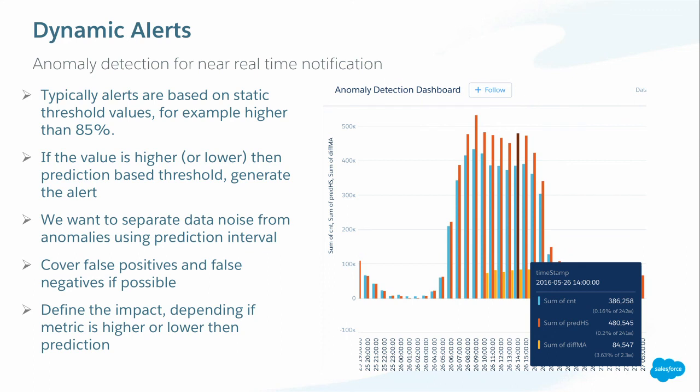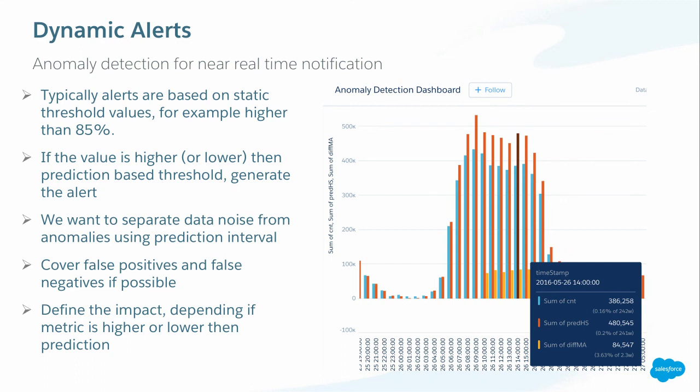Or if the number of search hits goes below some level, you can say, oh, there is no activity on the system. What is wrong? Is it a network problem or something else? So essentially, we can compare the value, and based on whether that value is higher or lower than the predicted value, we can generate the alert.